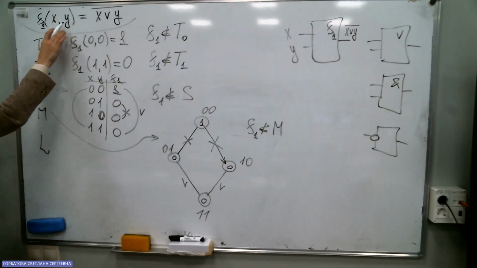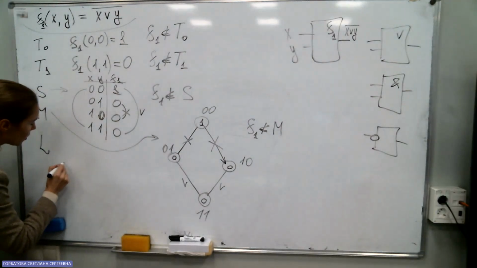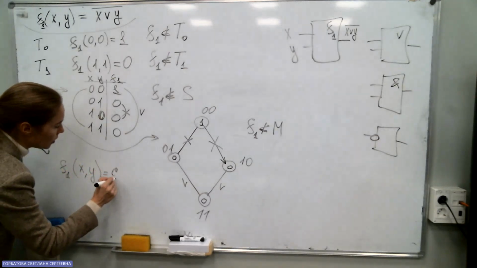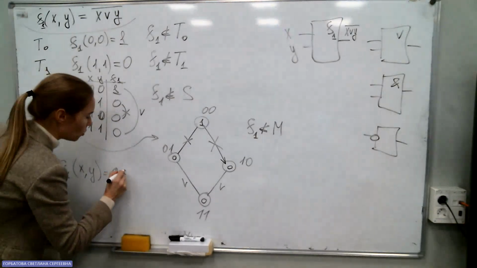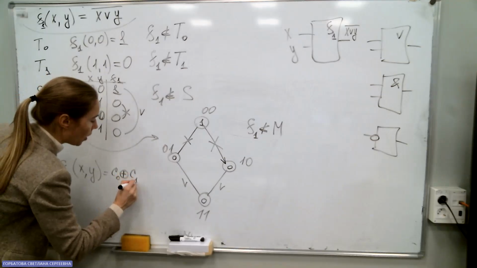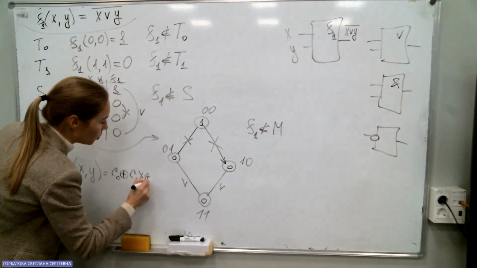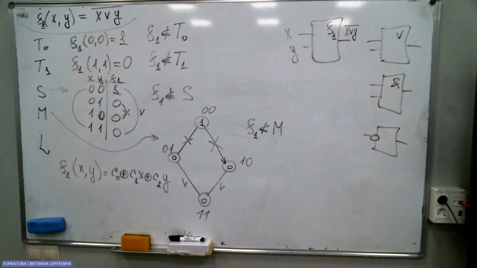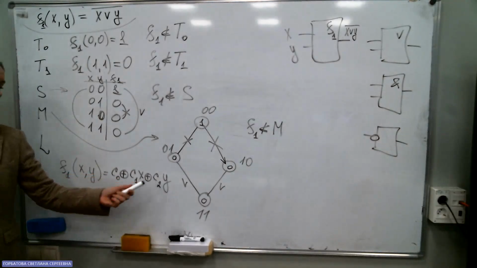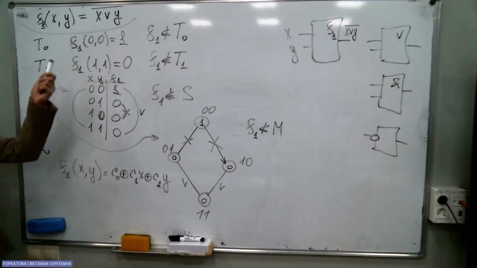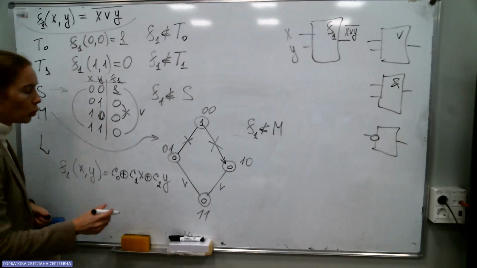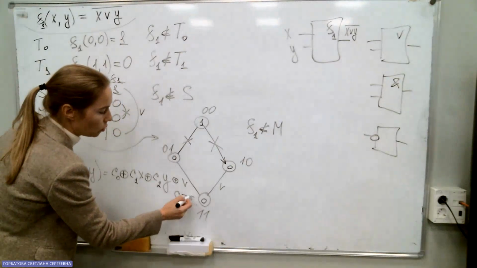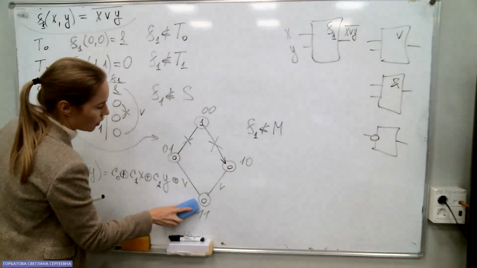So the linear combination for two variables is f1 of x, y equals c0 plus modulo 2 c1 conjunction x plus modulo 2 c2 conjunction y. If our function has three variables, we need to add plus modulo 2 c3 z, for example, and so on. So this is a linear combination.